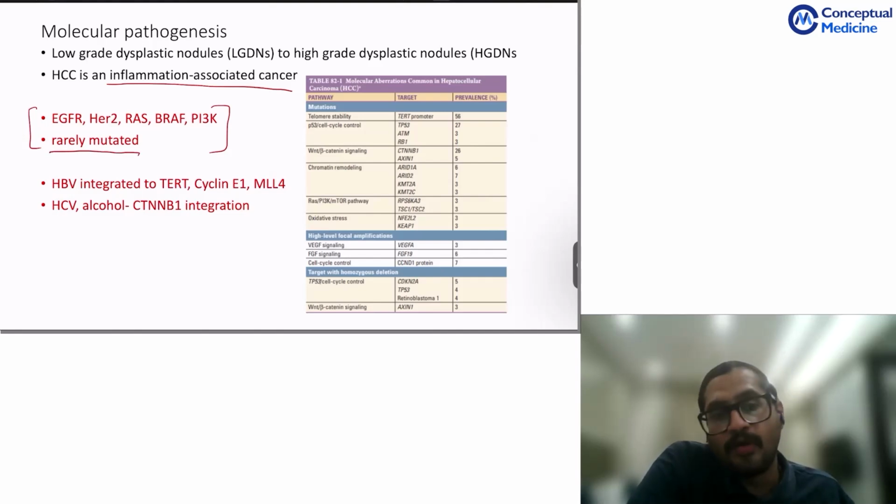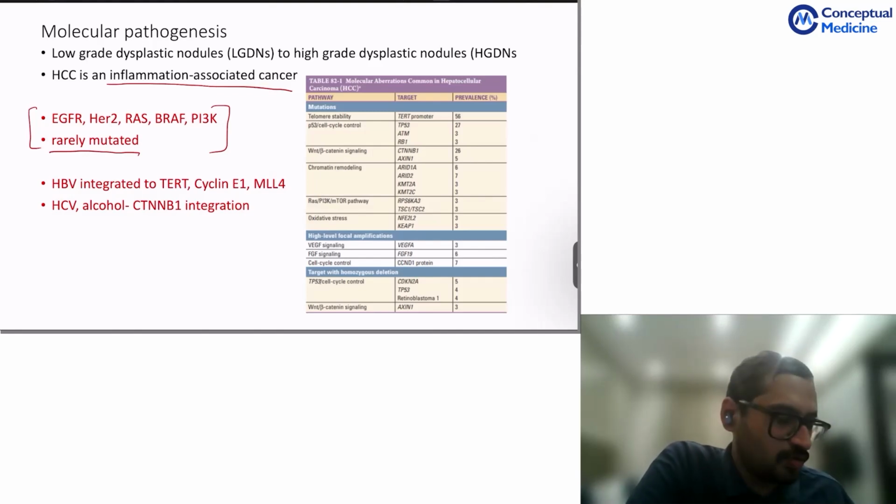This is the most important point, because not much targeted therapy is available for HCC: we don't express growth factors, we don't express secondary signaling pathways like MEK inhibitor or RAS pathways, we don't have BRAF or HER2. That's why these are rarely mutated in HCC, and thereby we have fewer targeted agents for HCC.